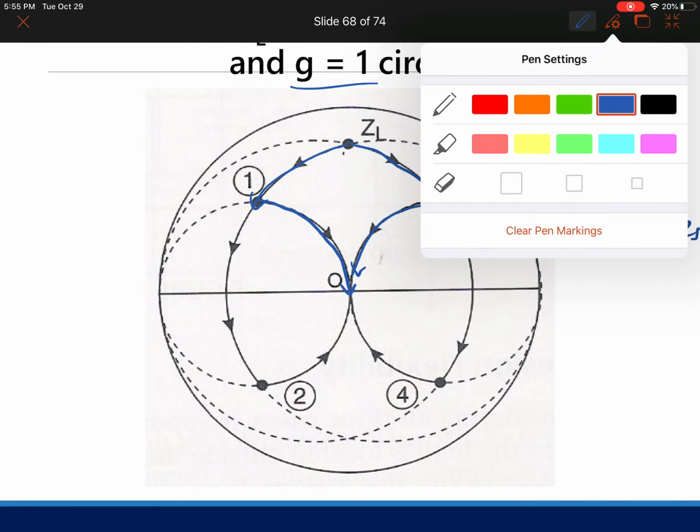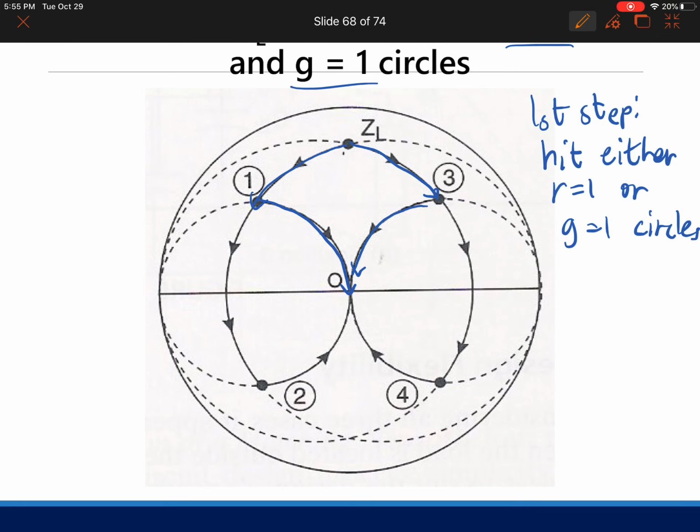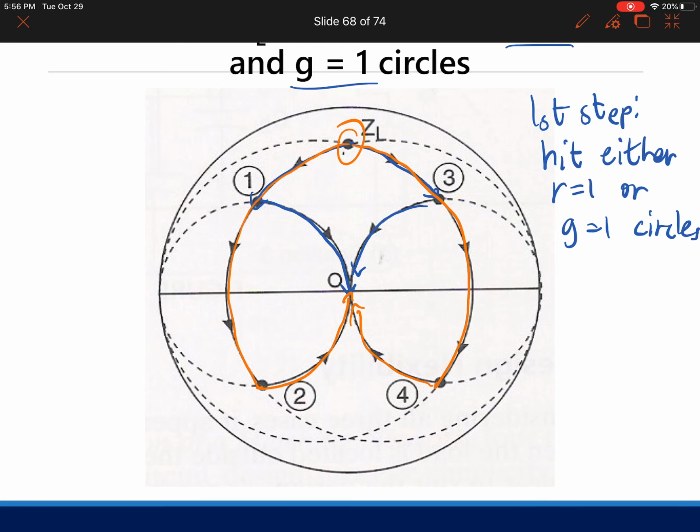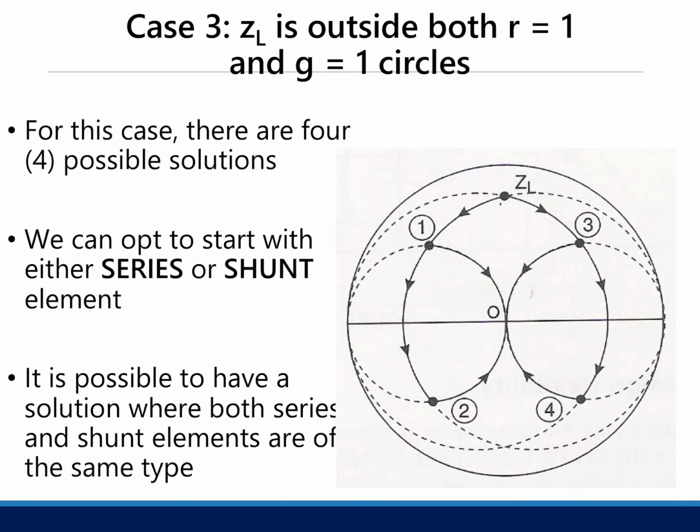Third possible path is through here. And the fourth possible path is through here. There you go. So there are 4 ways to match a load that is outside both of the circles. Okay. So there you go.